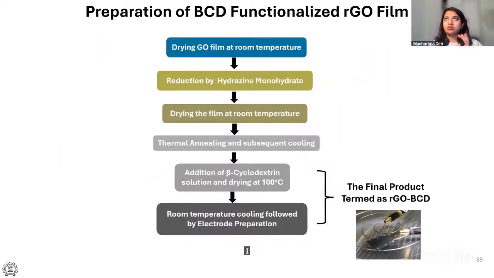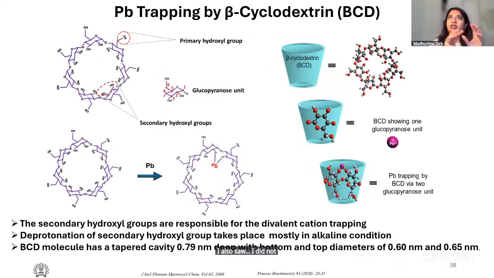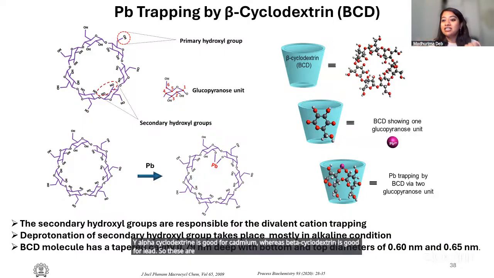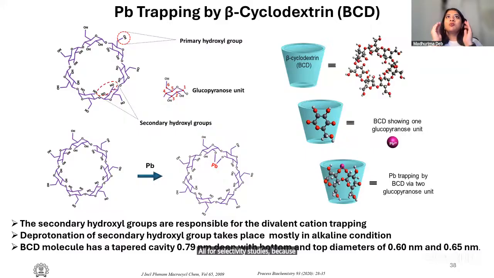I did not include this, but there were some comparative studies as well, where they showed why alpha cyclodextrin is good for cadmium, whereas beta cyclodextrin is good for lead. So these are all for selectivity studies, because when I'm doing this work, I have lead in my mind.